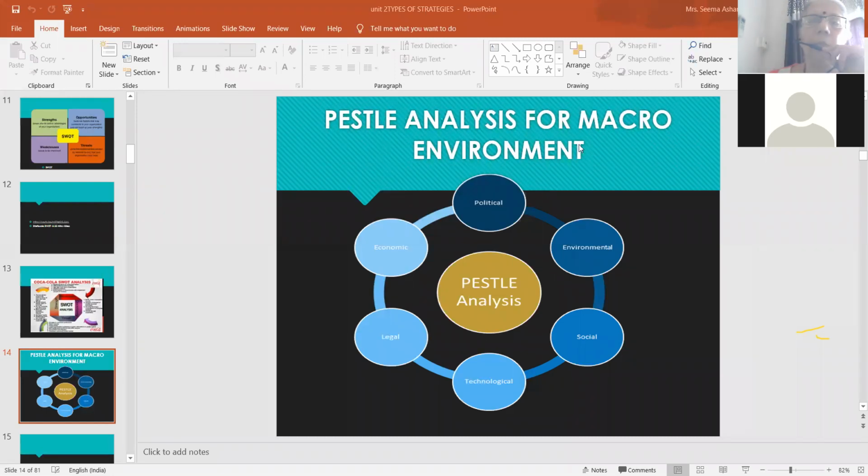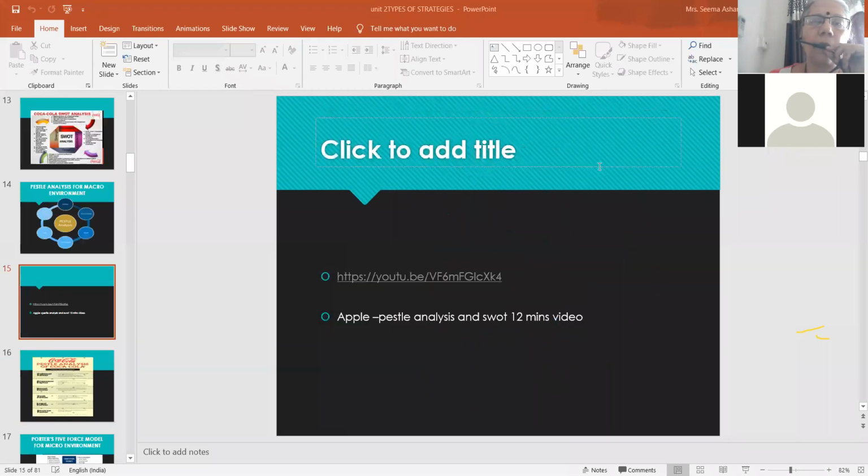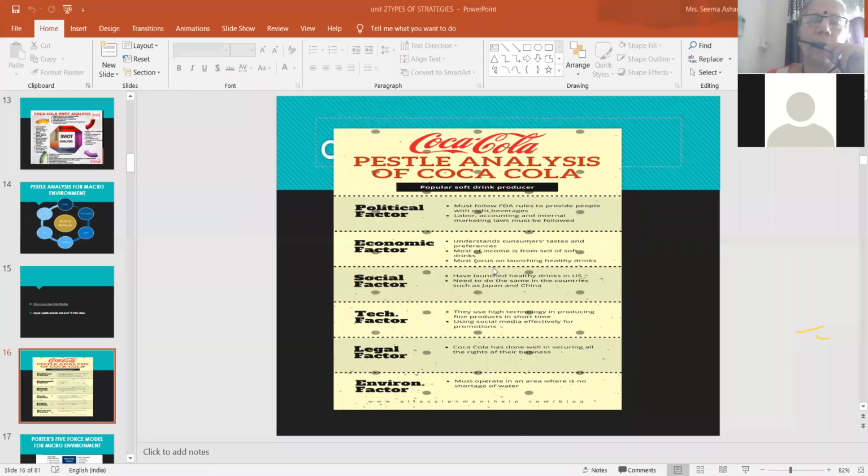So this is nothing but your external environment, macro environment, which you have already studied last year in detail. These are some examples of PESSL analysis of companies like Coca Cola.